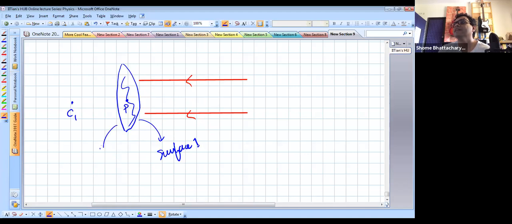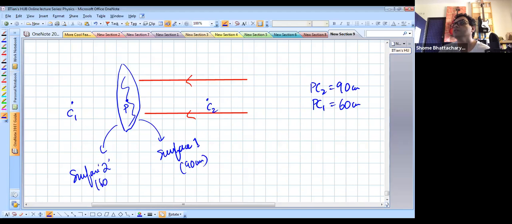And this would become the second surface that light is hitting. And that center of curvature is C1. And we know that PC2 is distance-wise 90 centimeters, whereas PC1 is distance-wise 60 centimeters, because this had 60 centimeter radius and this had 90. And we don't even need to reverse the sign convention. We can keep this side positive and this side negative. There's no problem with that.